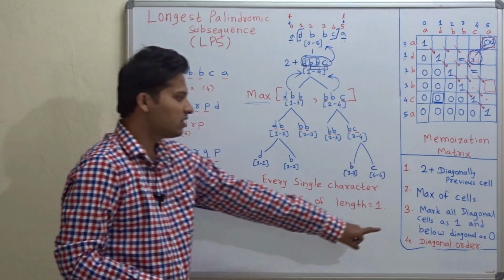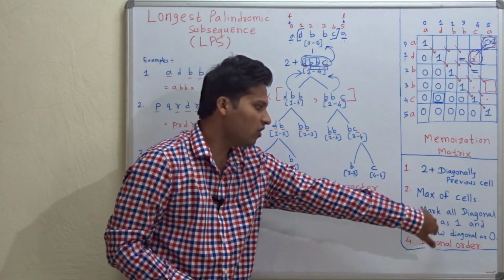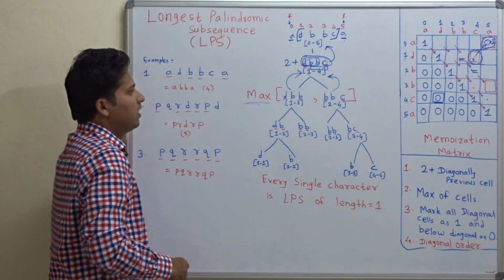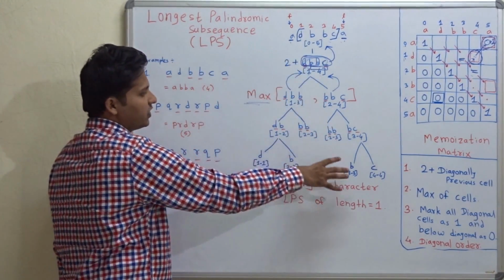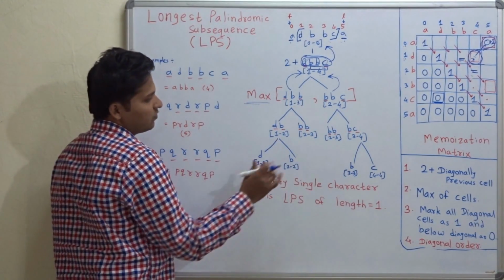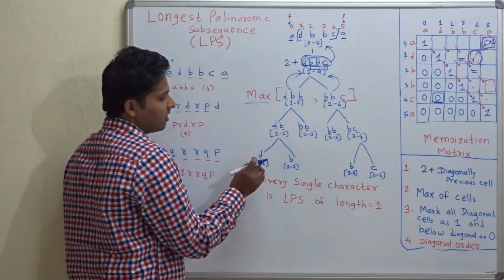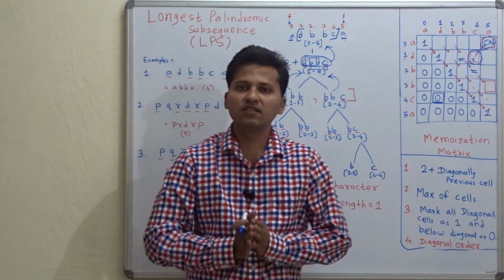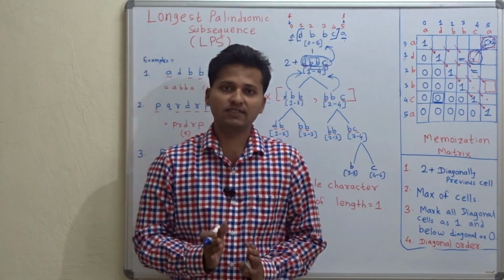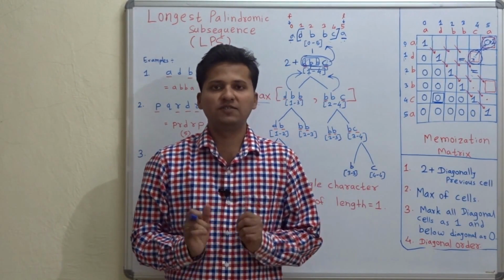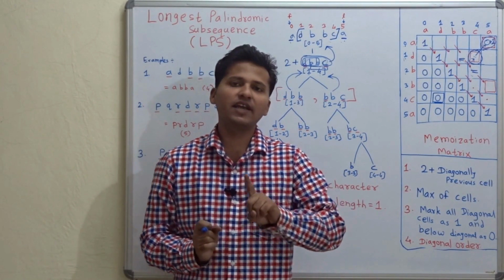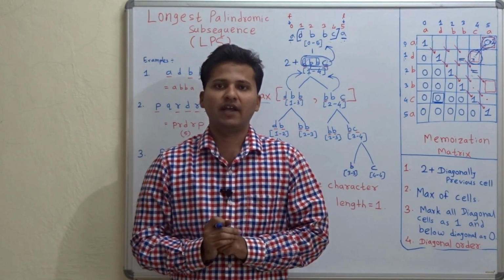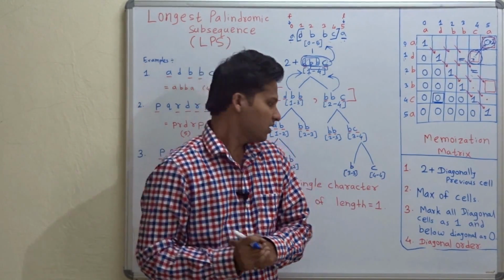Now let's go to the third point. Mark all diagonal cells as 1. As we move further in this tree, at the leaf level you can see there are only single characters, and as every single character represents the LPS of length 1, means a single character is already an LPS and its length is 1.